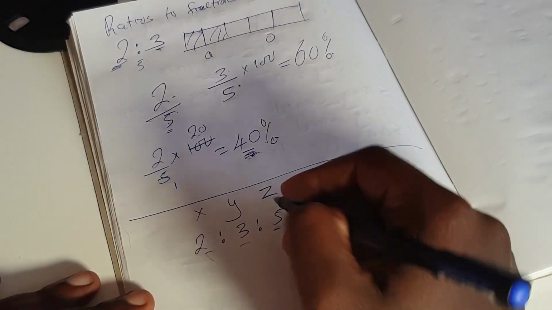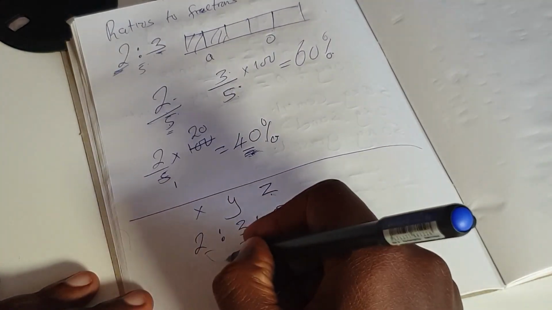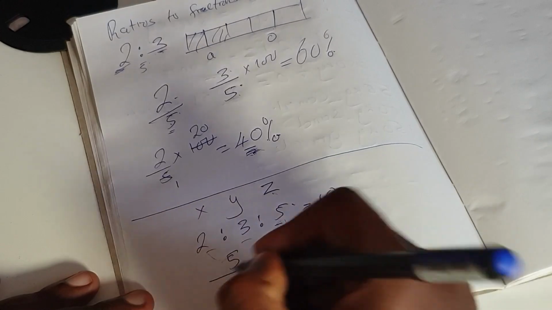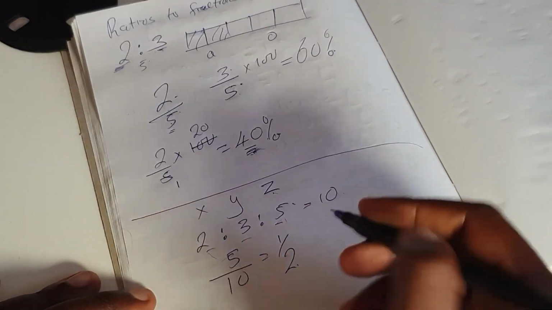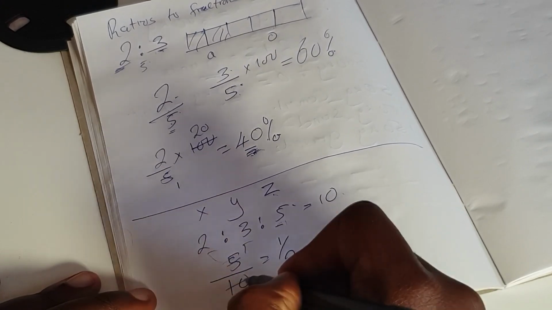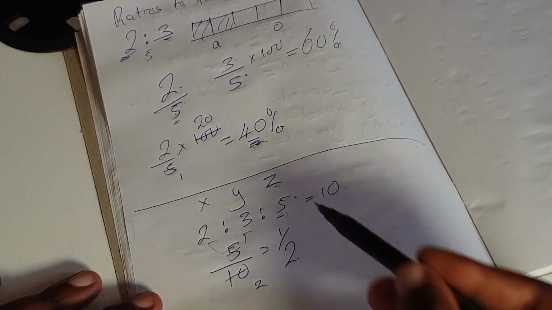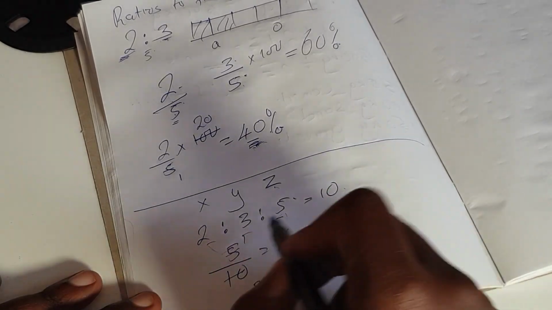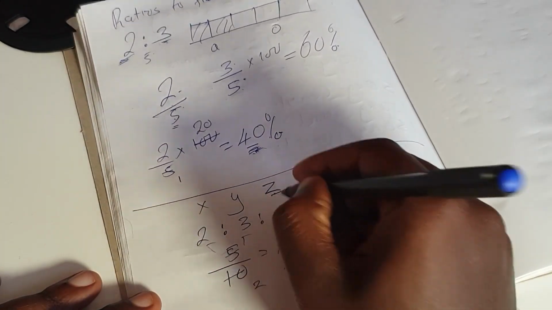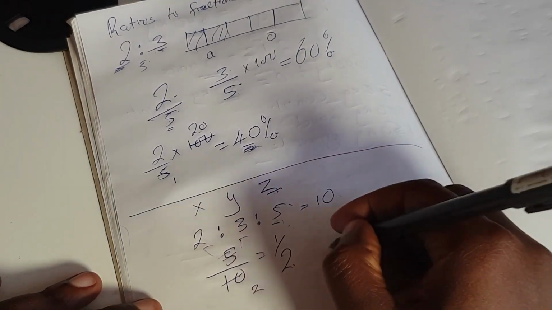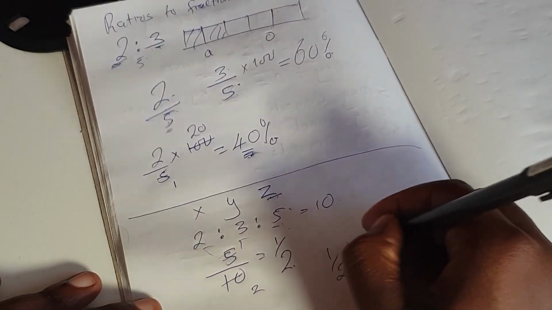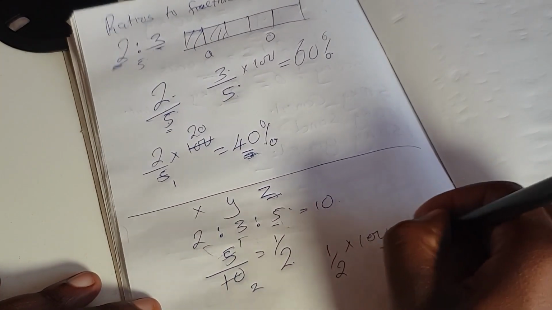So the fraction of z is 5 over the total, and you can simplify this to get a half, because you divide by 5, 1, you divide by 5, 2. So z represents a half of the ratio. And if you were to represent this as a percentage, you simply take the half, you multiply it by 100 to get 50%.